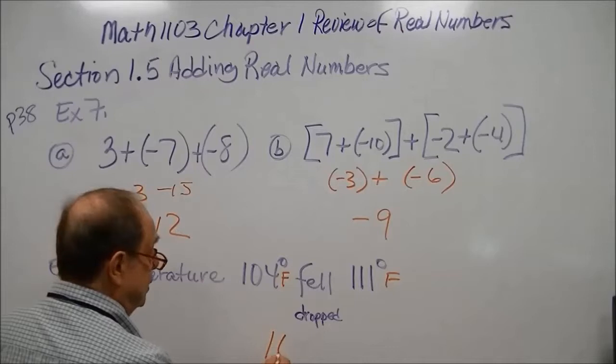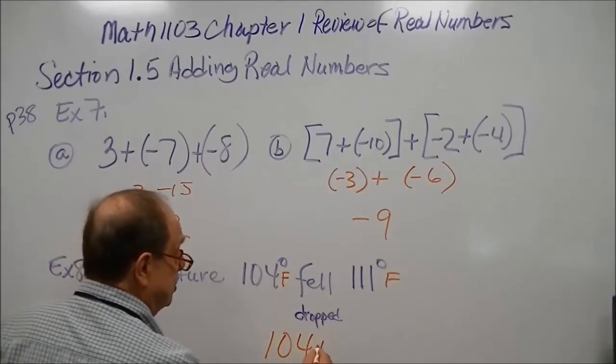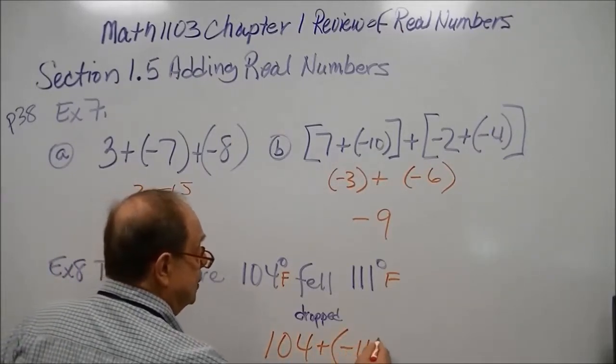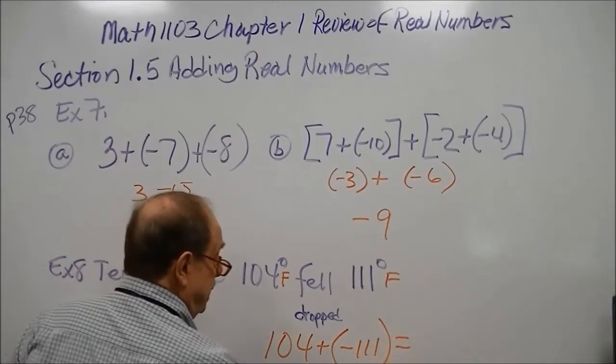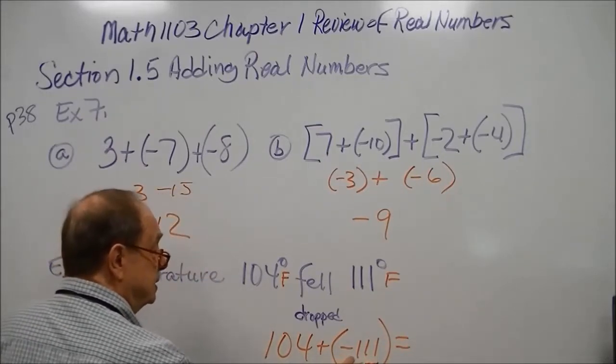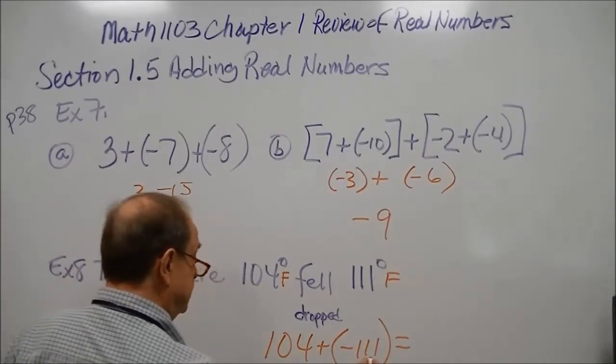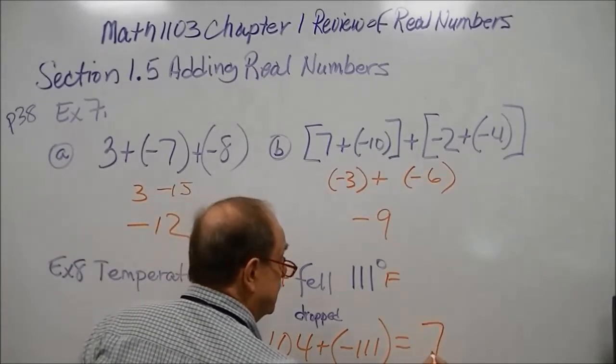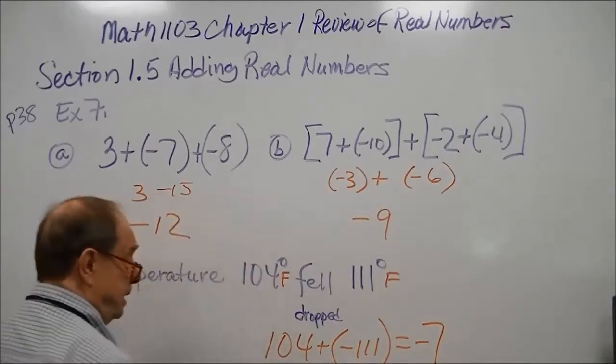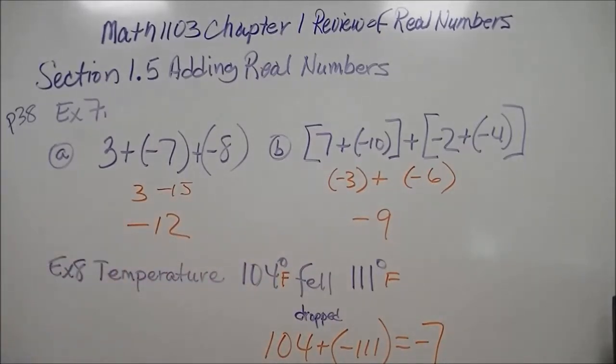So this would be 104 plus a negative 111. And again, you're going to subtract that from this. That gives you a 7. And then you apply the negative sign. That was your end temperature.